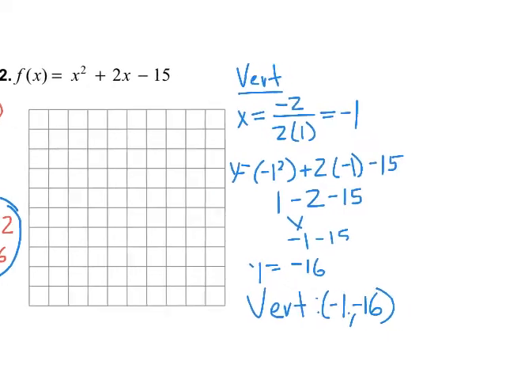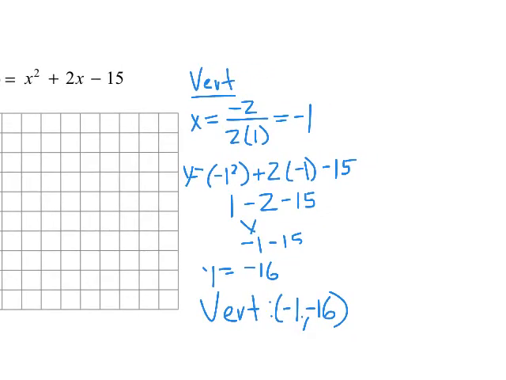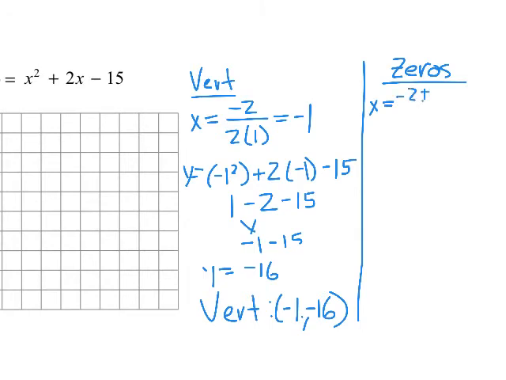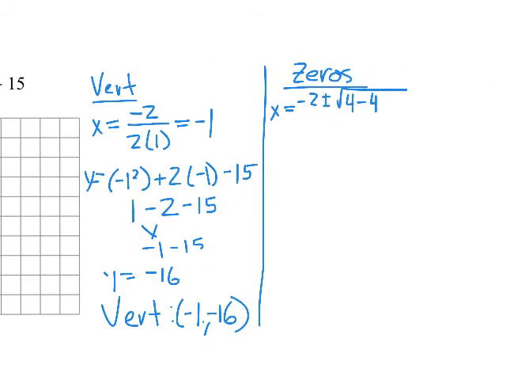Okay? Let's scroll over a little bit more, and let's go ahead and do quadratic formula. So now I'm going to do zeros. Okay, so x equals negative b, that's negative 2, plus or minus the square root of b squared, which is 4, minus 4 times a is 1, times c was negative 15.